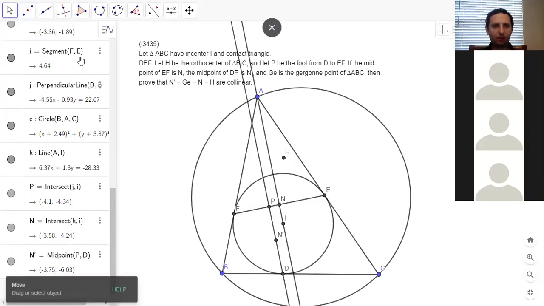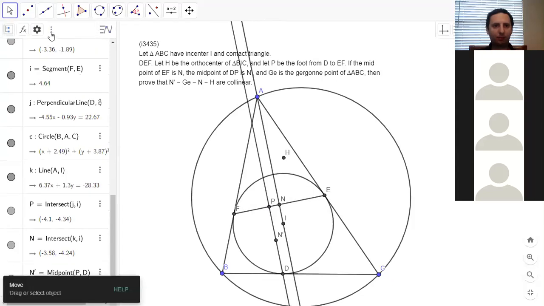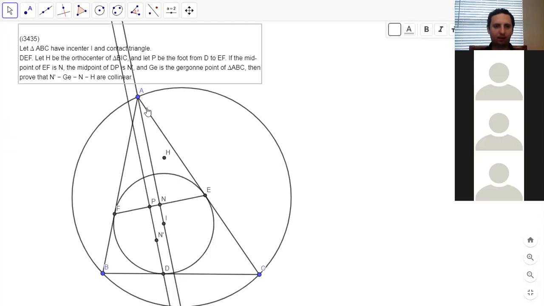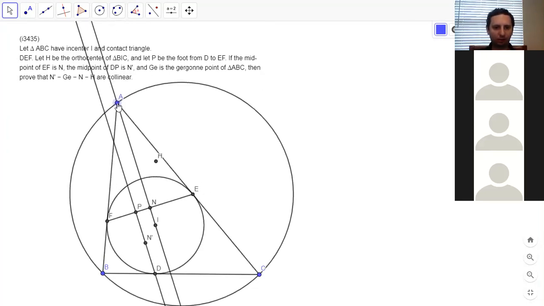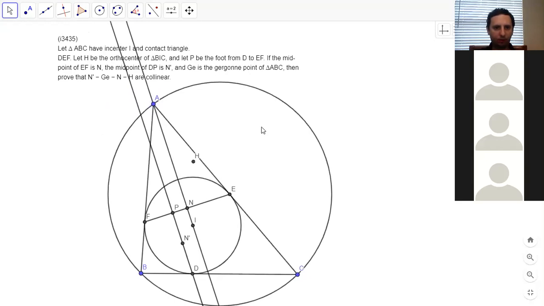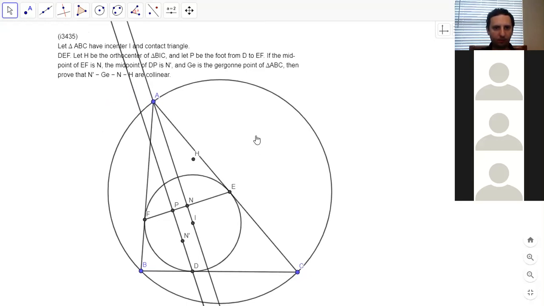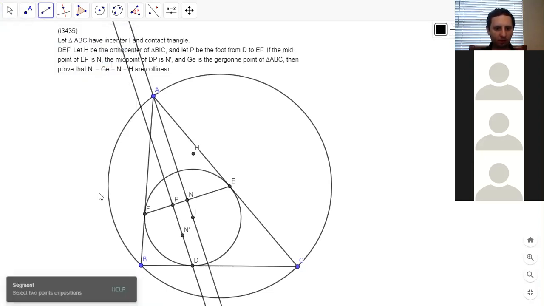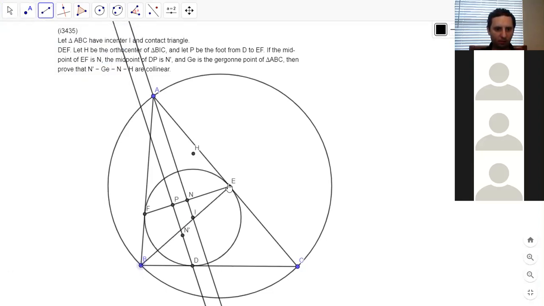So yeah, a lot of the problems in the book are based on well-known configurations because I guess he was trying to teach a lot of those. Let's see. So let's draw the Gergonne point. The E, the F, or... so yeah, this is the Gergonne point.